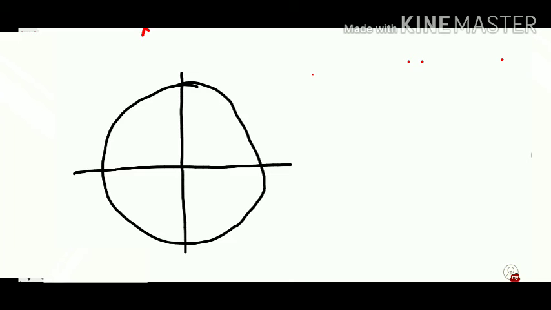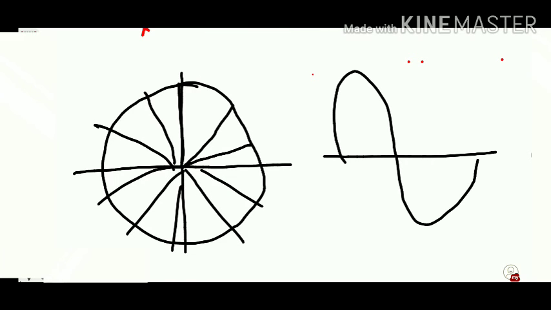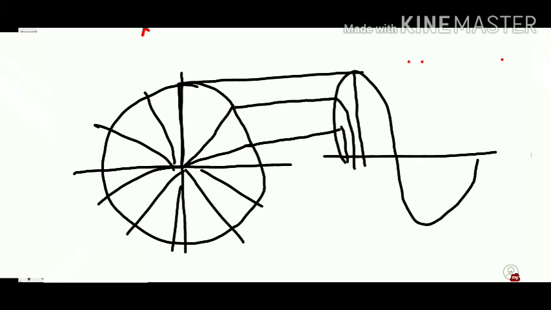This will be for 30 degrees, this is 60, 90, like that, different angles for different points on the wave.